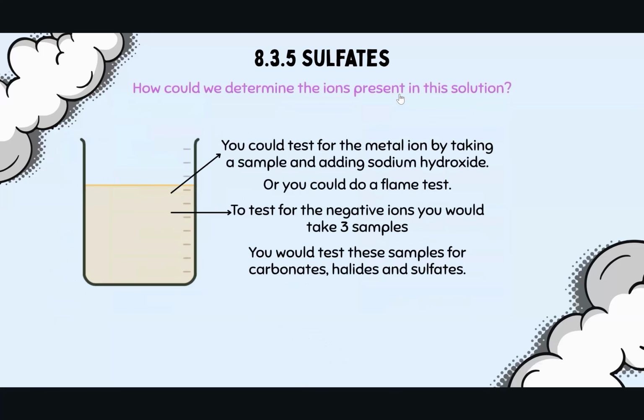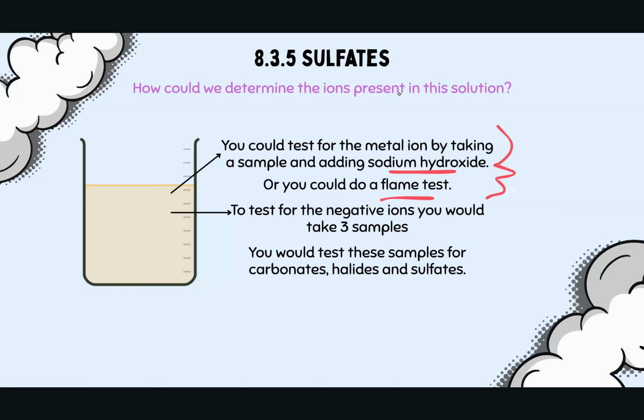So how could we determine the ions present in this solution? You could test for metal ions by taking a sample and adding sodium hydroxide, or you can do a flame test. So there are our two tests linked to metal ions. With sodium hydroxide, we had three different metals, for example aluminium, magnesium, calcium, that turn white.